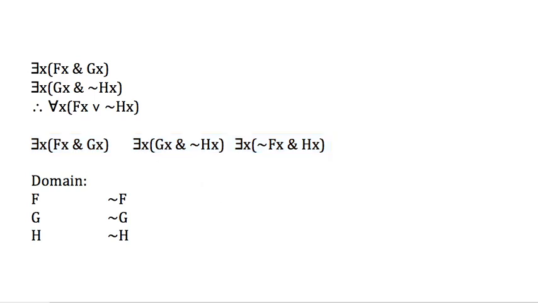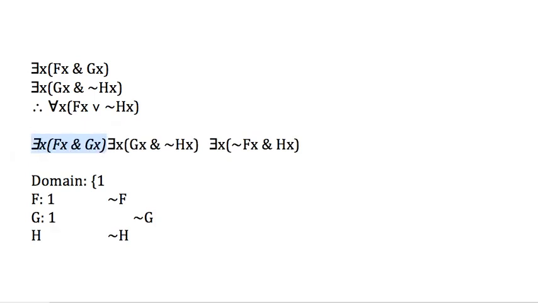So we need something in our domain that is an F and a G. Well, let's let that be the number 1. Let's suppose that the number 1 is an F and also a G. So this formula is true regardless of what else we add to the domain.